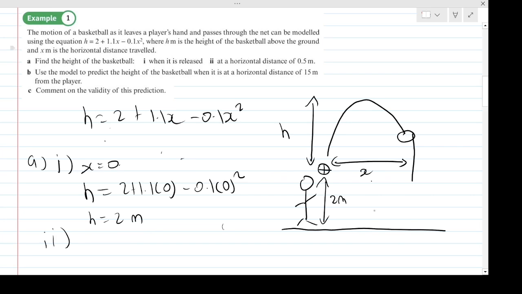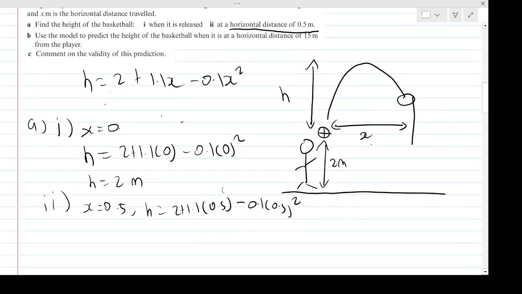Okay, part 2. Now it wants the height at a horizontal distance of 0.5. So that is now when x is set to 0.5. So then h is going to be 2 add 1.1 lots of 0.5 minus 0.1 of 0.5 squared. At that point we just put it in the calculator, and we get 2.525 meters.